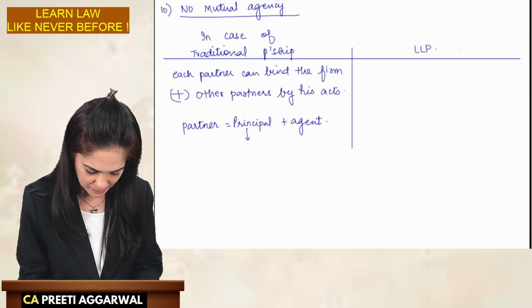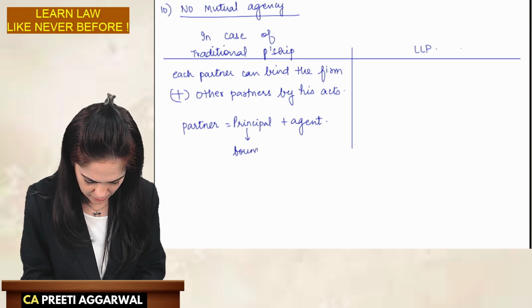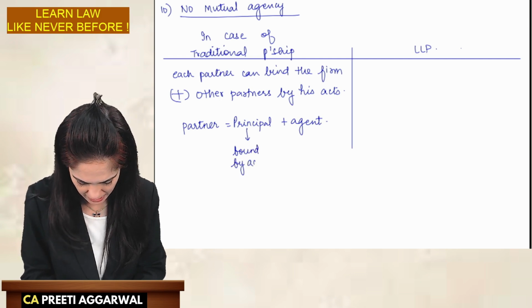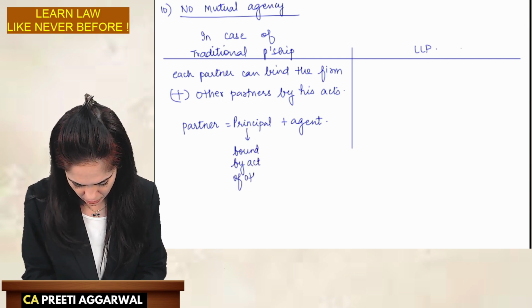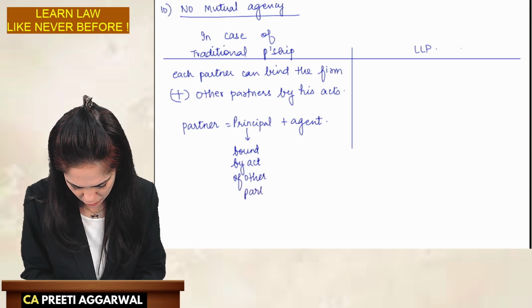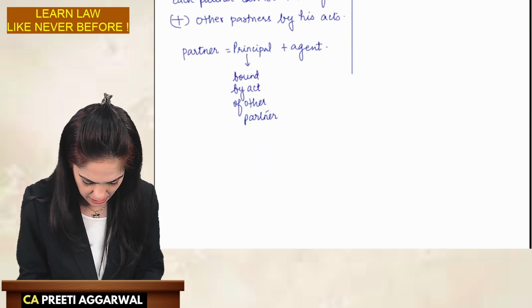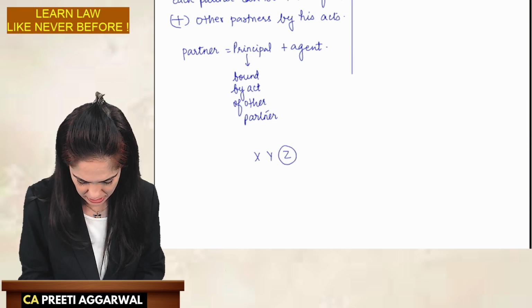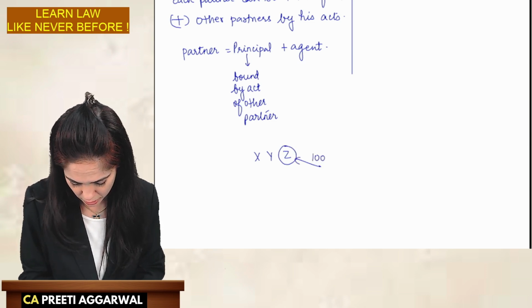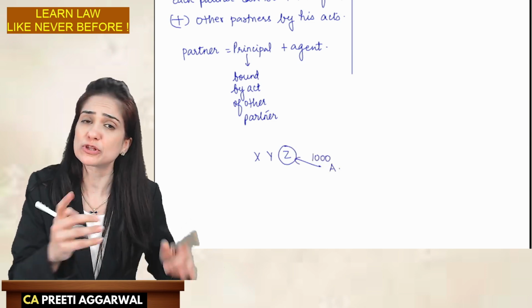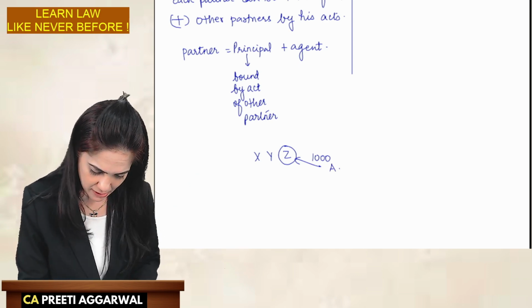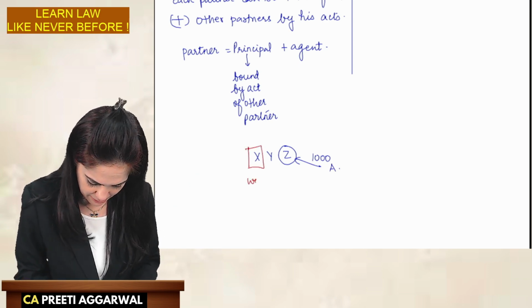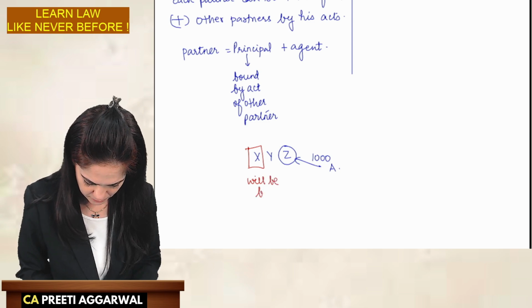So as a principal, he is bound by act of other partners. What is the meaning of bound by the act of other partners? X, Y, Z, they are partners. Z took loan of 1000 from A for the firm. If he is not able to pay, X will be bound.